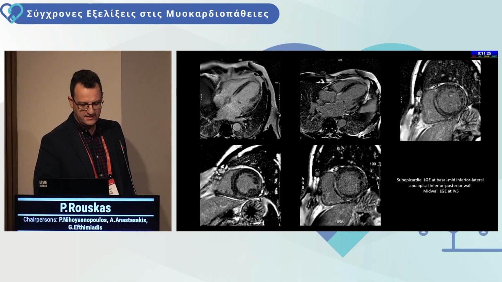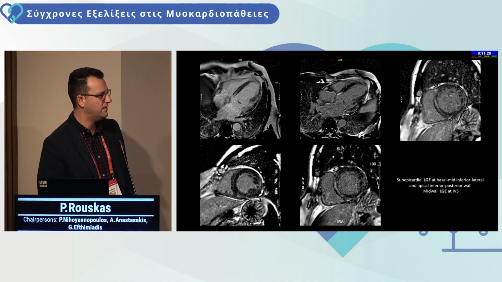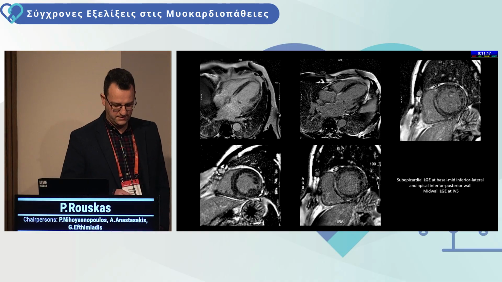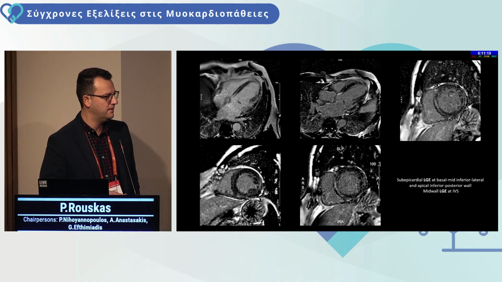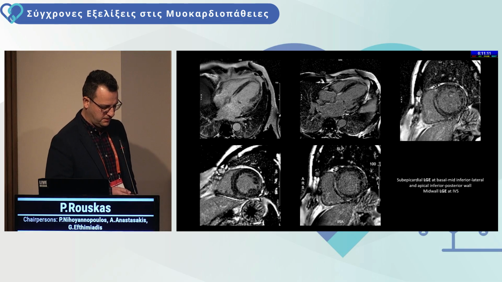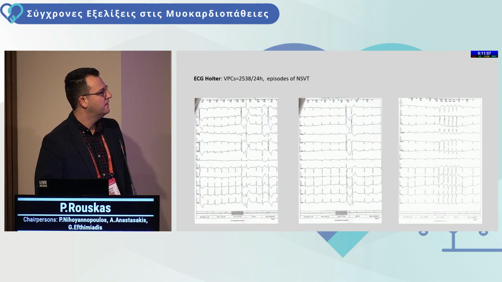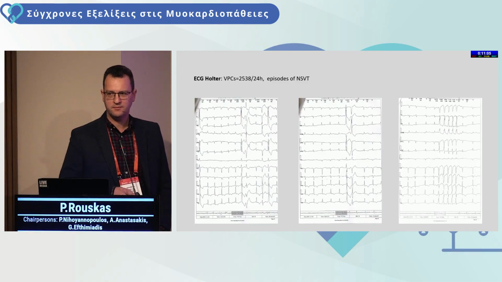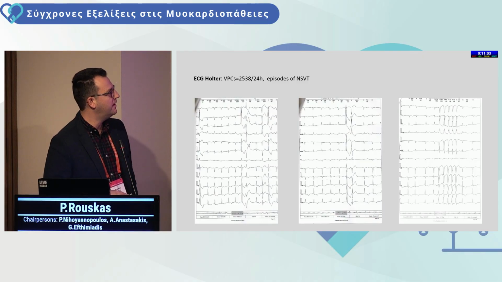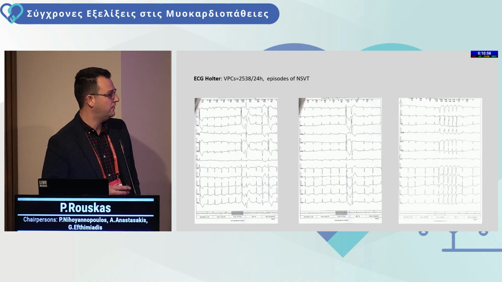We can see here the LGE technique for this specific patient, the father of the proband, where there is quite a lot of diffuse fibrosis, mostly in the inferior, lateral and posterior wall, as well as mid-wall LGE at the IVS. A Holter was done on this patient with a high burden of ectopics, more than 2,500 per 24 hours.